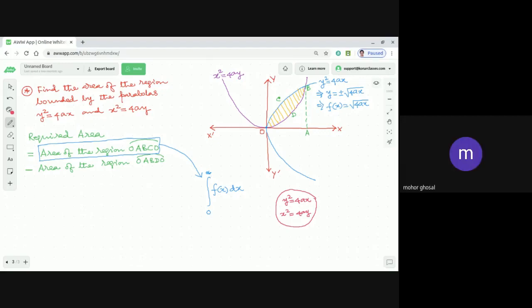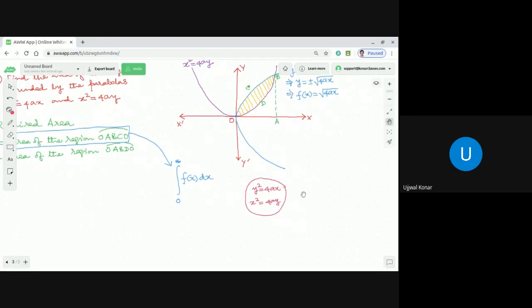That is from a pure algebraic point of view, isn't it? If you solve y square equal to 4ax and x square equal to 4ay together, the values of x and y you get are satisfied by both the algebraic equations. Correct or not? So how to do that? That I'm going to do.